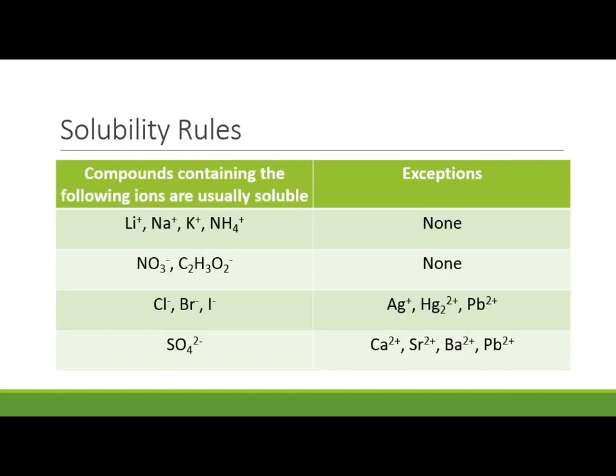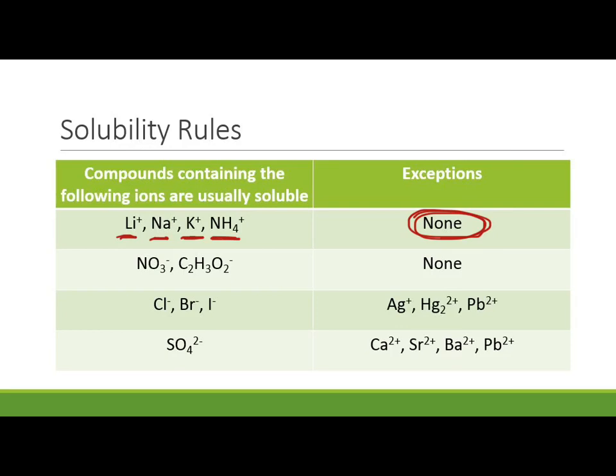If that ion happens to be lithium, sodium, potassium, or the ammonium ion, it will automatically be soluble. There are no exceptions to this rule, okay, or none that you should worry about. So anytime you see lithium, if it's lithium chloride, lithium phosphate, lithium hydrogen carbonate, it does not matter. Okay, you can automatically assume that it's soluble.